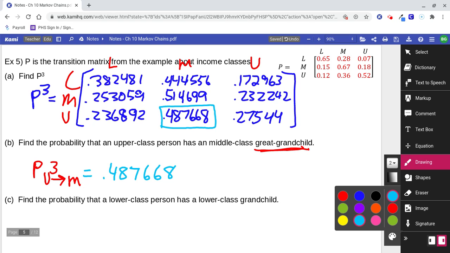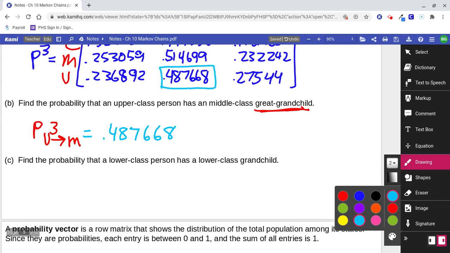Now, part C, if you're ahead of me, you might have noticed a typo. There's a small typo there. Does anybody see it? I accidentally said grandchild. And so what does grandchild imply? Only 2 transitions. So, if I only did 2 transitions, that means I would need P squared. And that's from the previous example, okay?